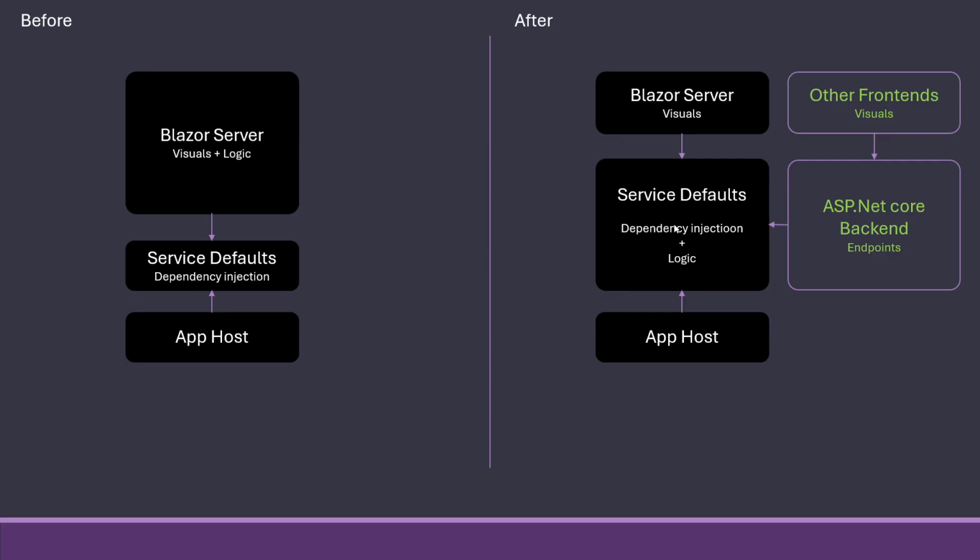So I pulled a lot of things down into ServiceDefaults. We will see that in a second. So we can at some point build an ASP.NET Core backend and a front end in other tools, probably in React. So we have just prepared a lot of things in here.